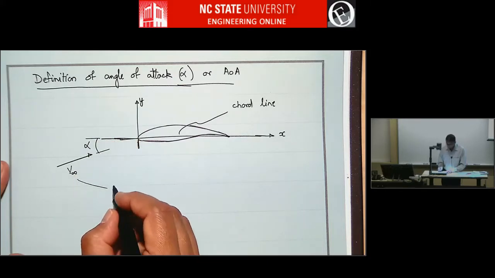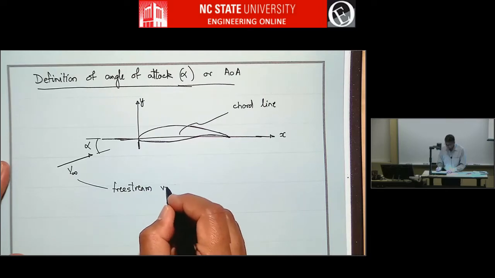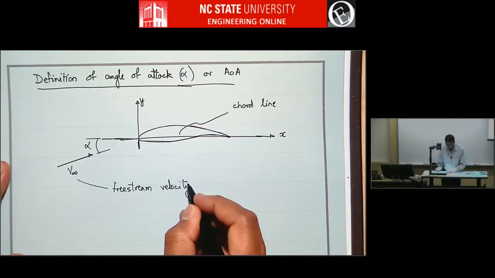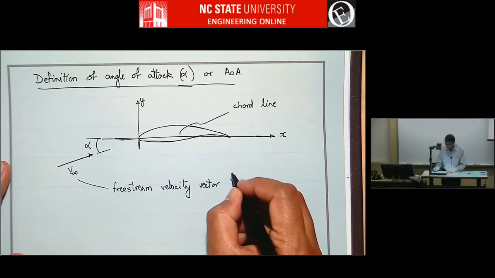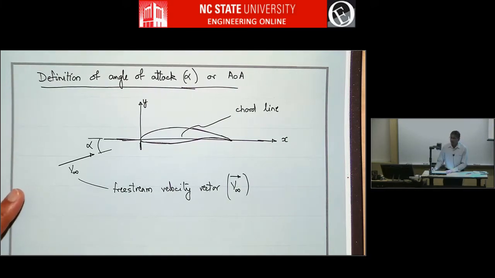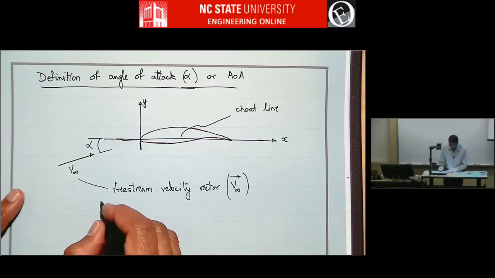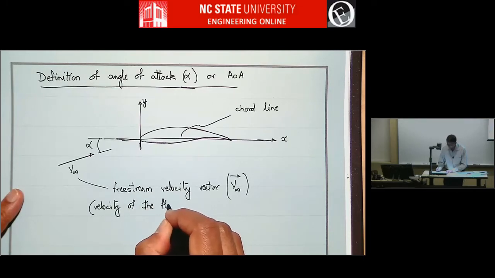So this is the free stream velocity vector. We'll usually denote it by V infinity with a vector sign when you're talking about the vector property. And the thing to remember here is this is the velocity of the flow far upstream.